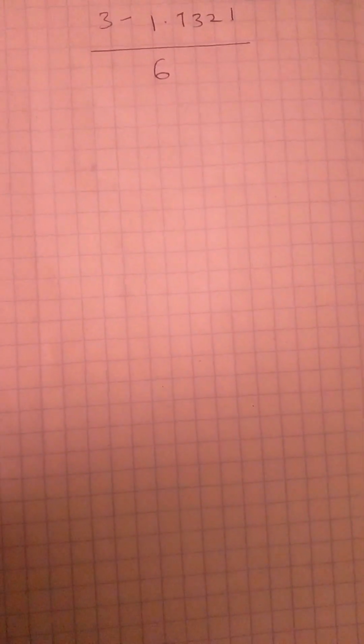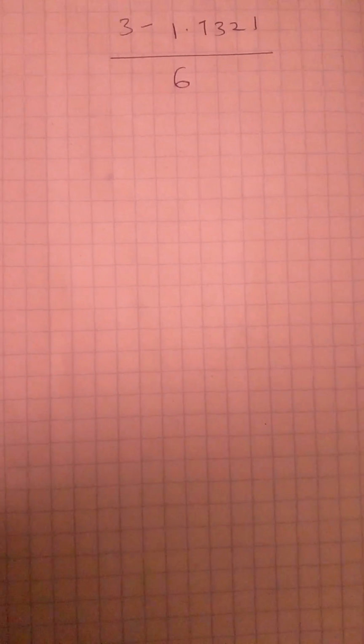So calculating that, 3 minus 1.7321 will give us 1.2679. You divide it by 6.